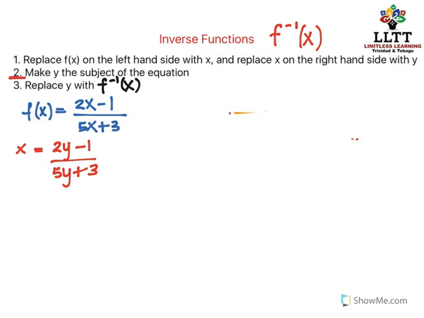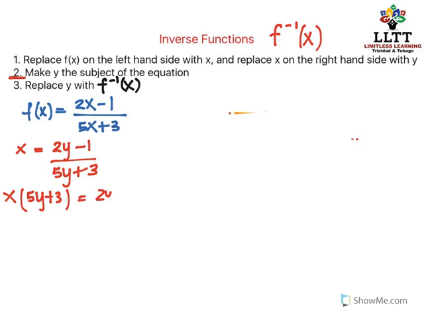Now on the right-hand side, we have a fraction, and in our denominator, we have a term with y. So essentially, we want to get rid of that denominator, so we don't have a fraction on that side. So what we're going to do is multiply both sides by that denominator, which is 5y plus 3.